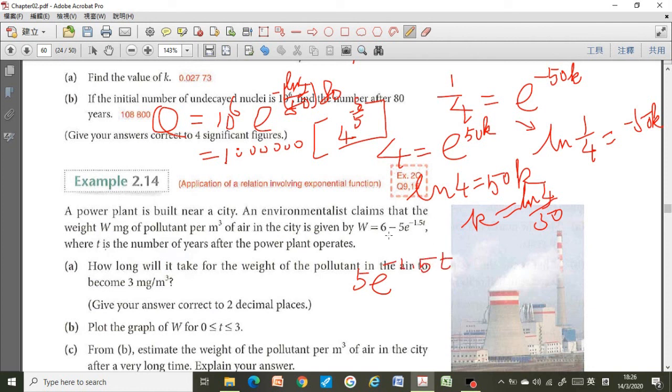The graph will be like this. First, it is a negative 1.5, so it is exponential decay. And the time here cannot cut the x-axis. And here it is equal to 5, because when t equals 0, it is 5.